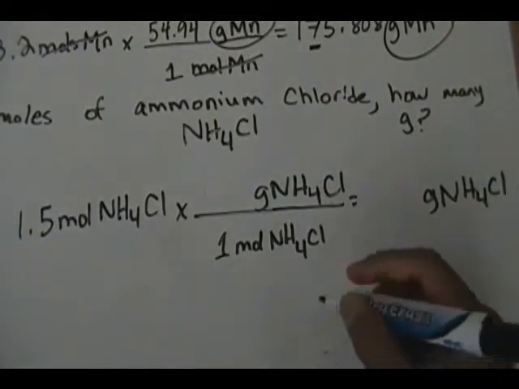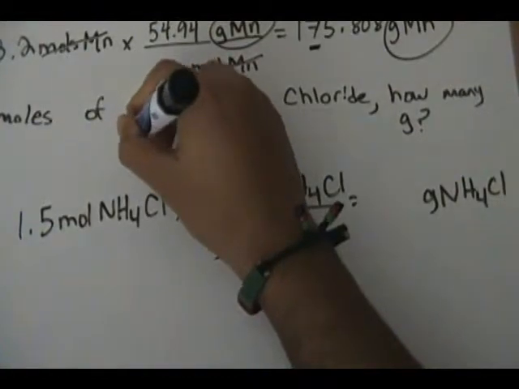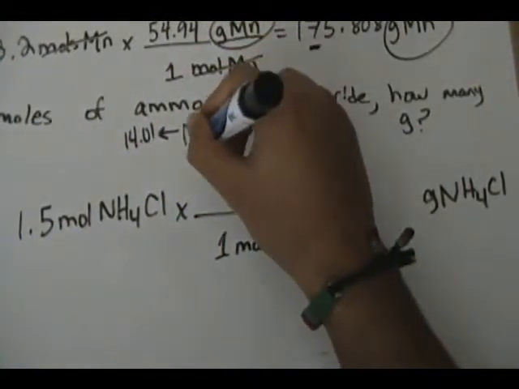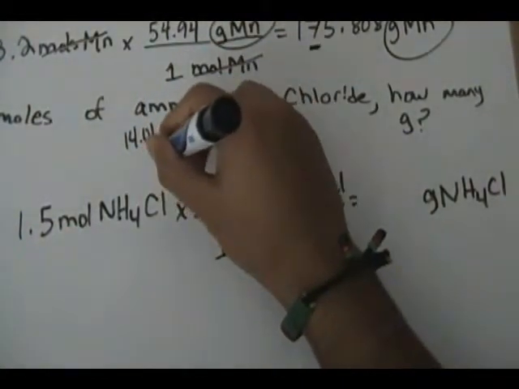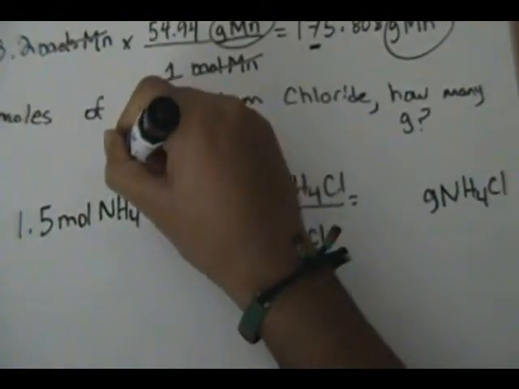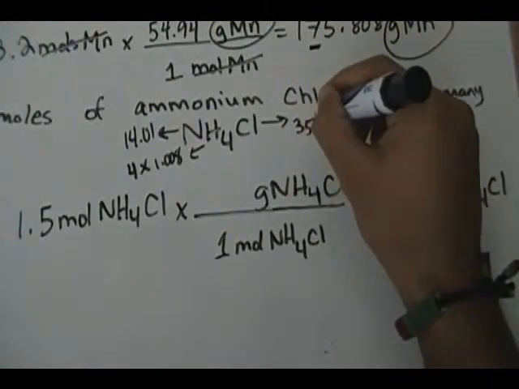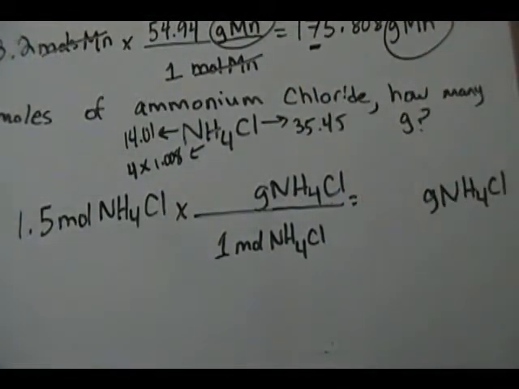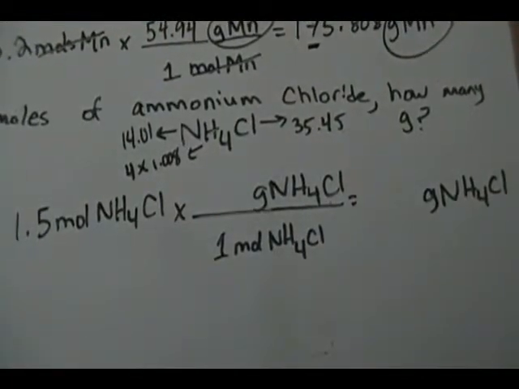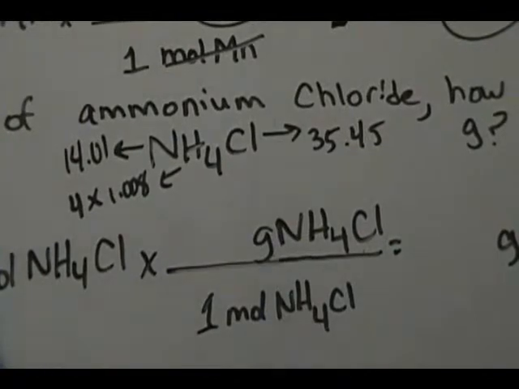Okay, so we have to figure out what the molar mass of ammonium chloride is. It's pretty straightforward. Nitrogen has a molar mass of 14.01, I believe. Hydrogen has a molar mass of 1.008. Since we have 4 hydrogens, we'll multiply that by 4. Chlorine has a molar mass of 35.45. I'll zoom in on the top portion so you guys can see those numbers. There you have it.